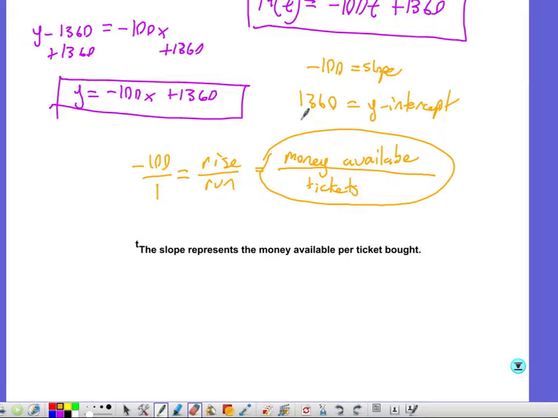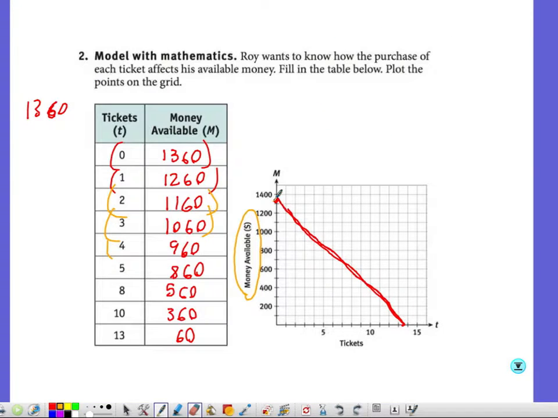Okay, and finally the y-intercept. You also want to put that into words that make sense. So looking at our y-intercept, here we see that 1360 represents how much money you have, and 0 represents the number of tickets that you bought.